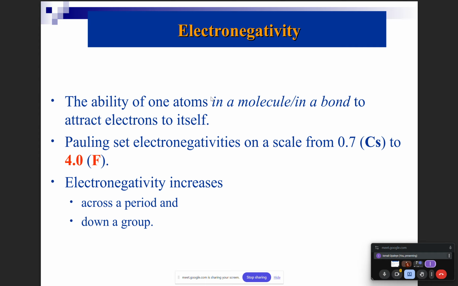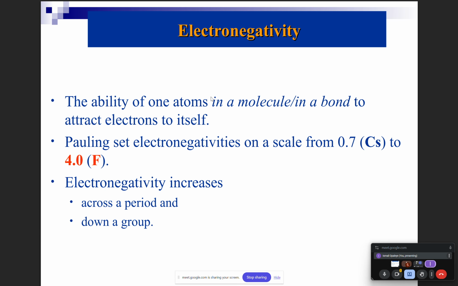You need to know that on the Pauling scale, there's a table of electronegativity values of elements. It's more like the periodic table with the electronegativity values put there. Pauling set electronegativities on a scale from 0.7 to 4.0.